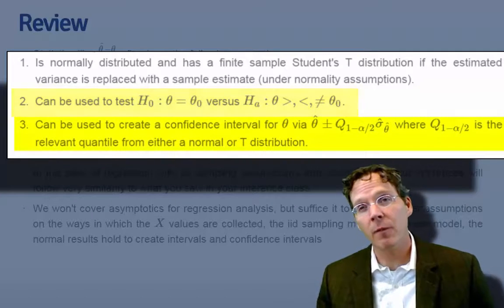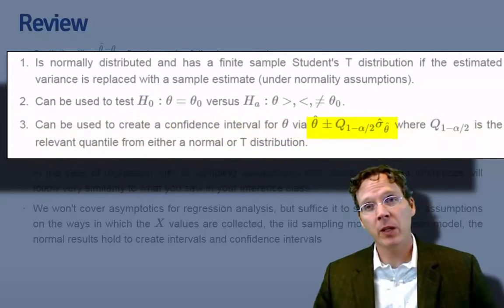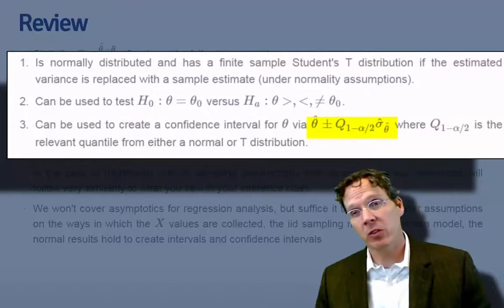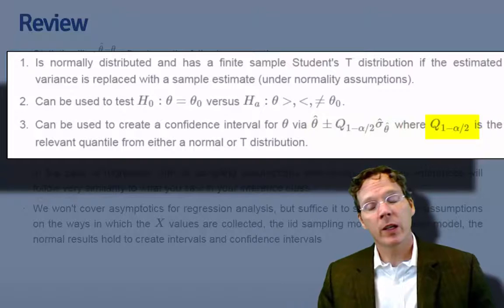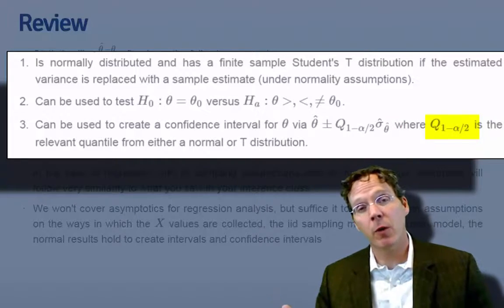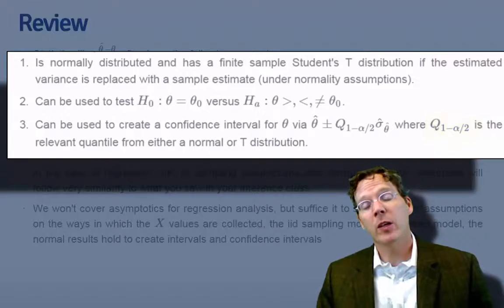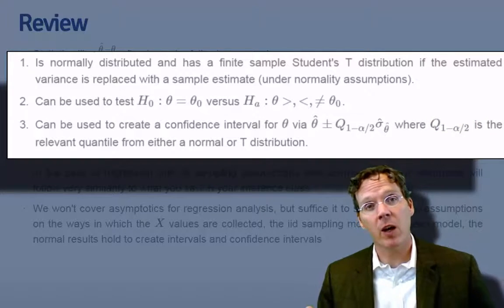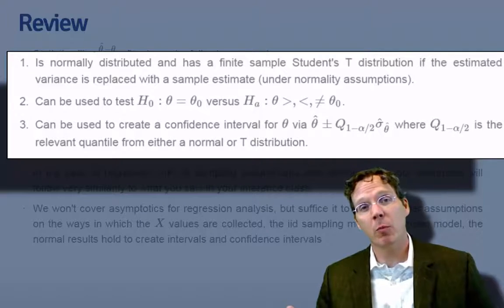Or we can create confidence intervals of the form estimate plus or minus a relevant quantile times the standard error, where Q is the relevant quantile, and we always take the 1 minus alpha over 2 quantile. For example, if our alpha is 5%, so we want a 95% confidence interval, we take the 97.5th quantile.